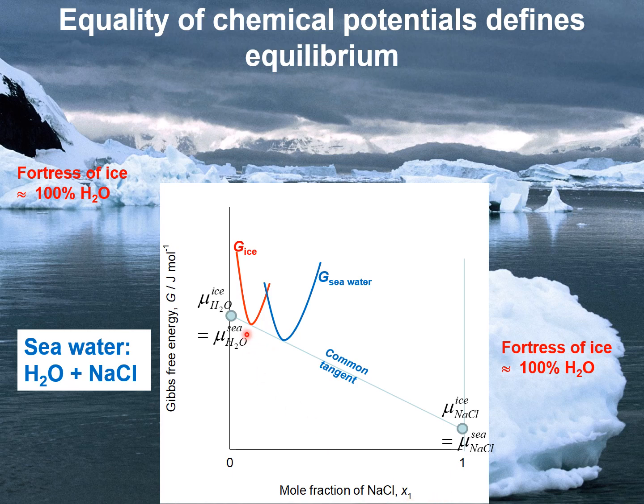What we note is that there is equilibrium between the ice fortresses and seawater, but this equilibrium corresponds to significant differences in the salt concentration in the ice fortress and in seawater.